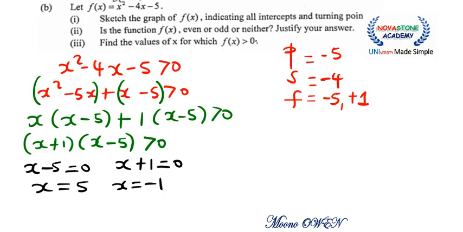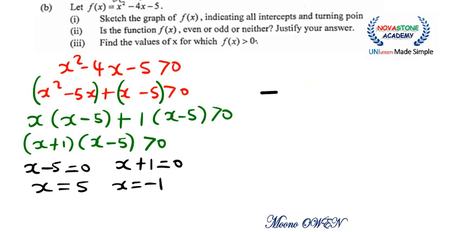Now I must make mention of something here. There's also this x, so this x we can also just equate to 0 because of the 0 there. Now that we've got this, we have everything we need to determine the signs of these equations. So let me just do that.